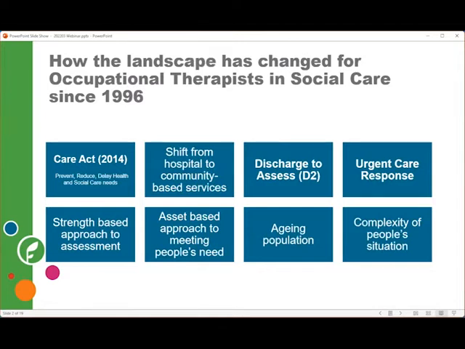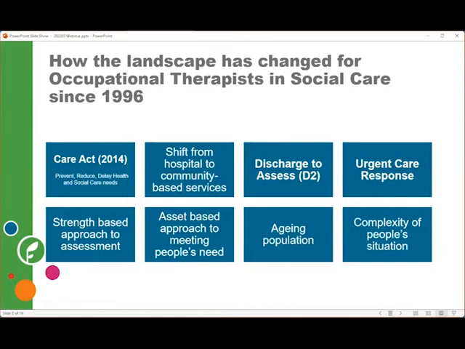Alongside that, driven by the Care Act is this idea that we use that strength-based approach and that asset-based approach to meeting people's needs: equipment, adaptations, advice, all the key stuff that we do as occupational therapists, which are really useful resources in terms of not having to use more expensive home care resources.